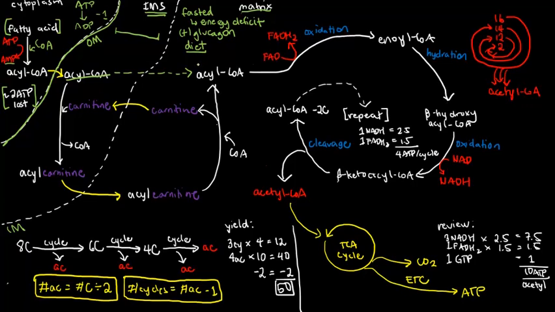So in order to allow our longer fatty acids to enter or penetrate the inner membrane, we have to first convert acyl CoA to acyl carnitine. That is, to first get rid of CoA in the intermembrane space and replace it with a peptide called carnitine.